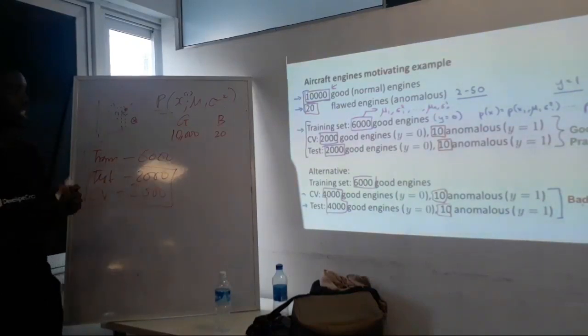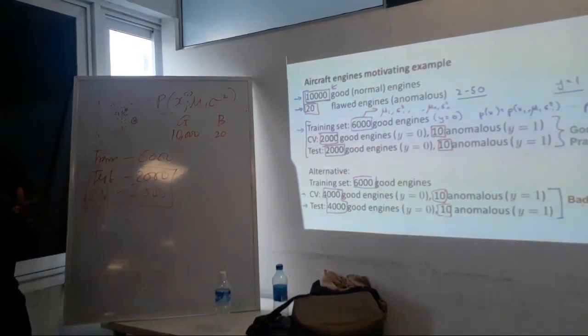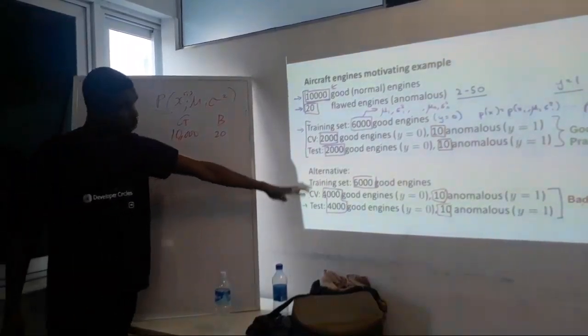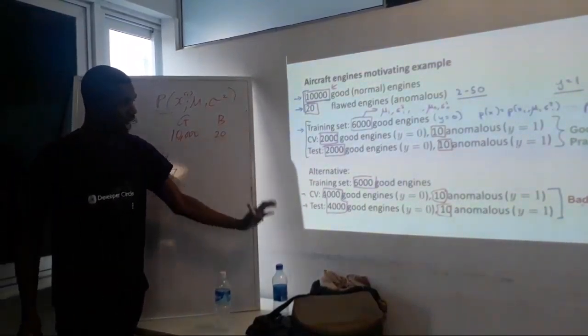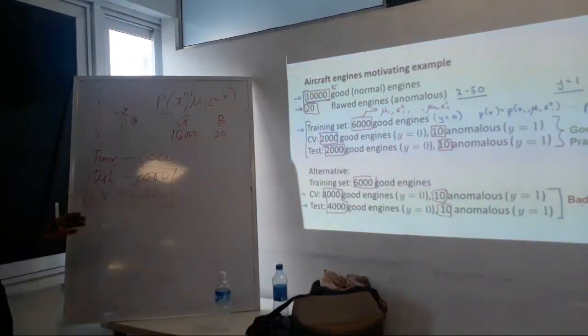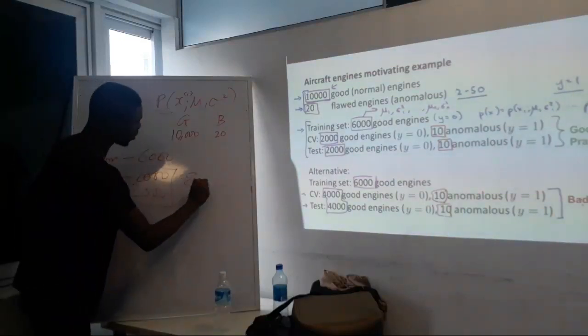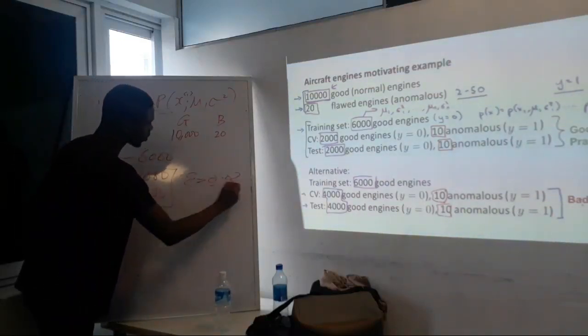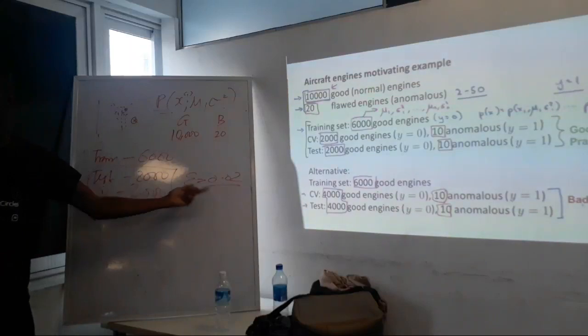But what he later said, I think, is that this is actually a bad idea. You should always try to split it 20-20. The reason is that you want to use this one here to get the right epsilon.